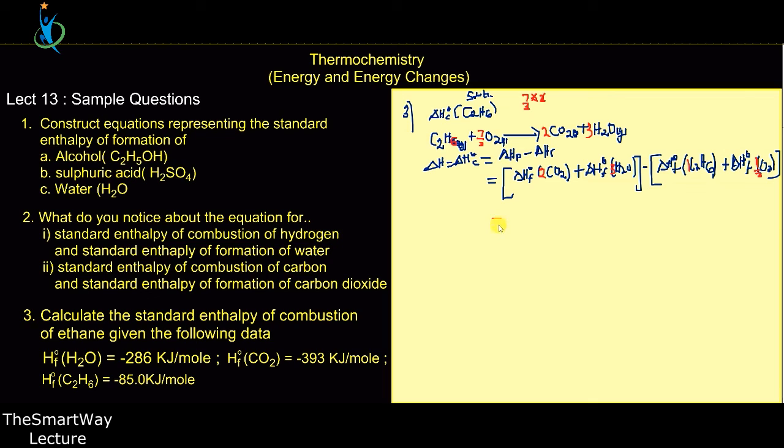So looking at the equation, they've given us all the values we need. So therefore, we are just going to multiply and then subtract, and that's all. I have my carbon dioxide over here, and since I have 2 moles, I'll multiply 2 times the value, negative 393.